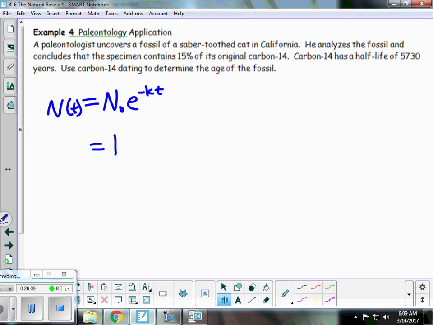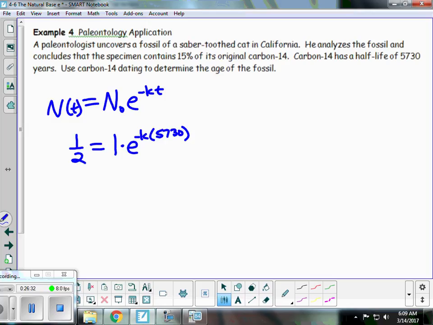One piece of carbon-14, one element. And then times E to the negative K, and the time would be 5,730 years. Over that amount of time, we have half of what we initially had, so that brings us to 1/2.